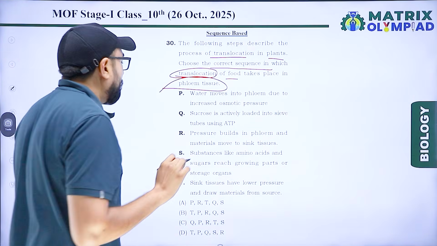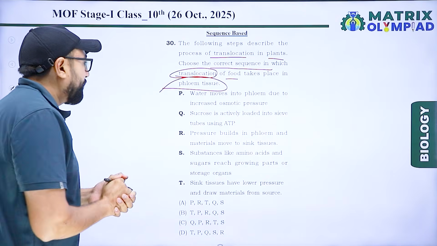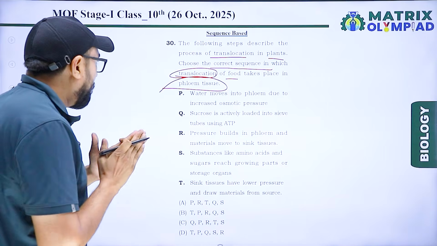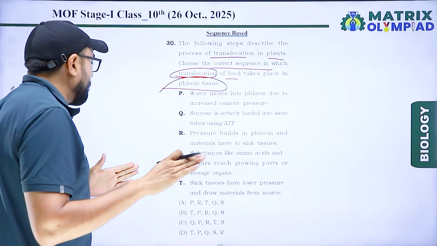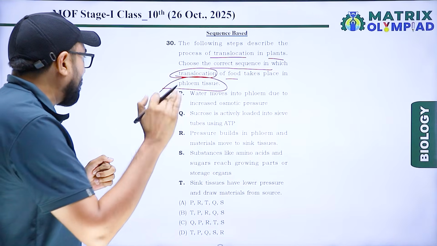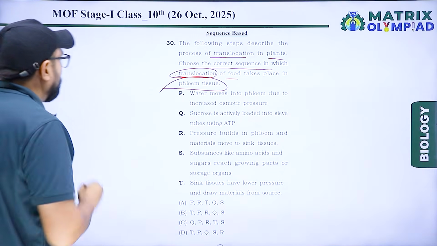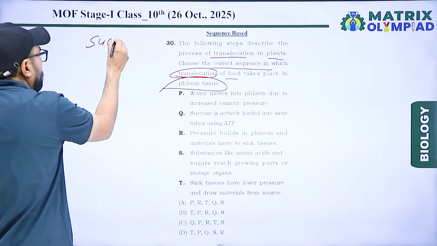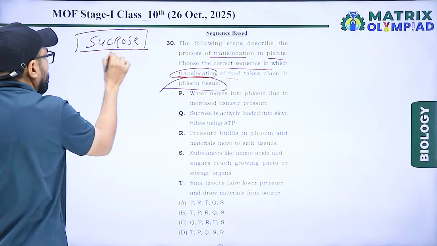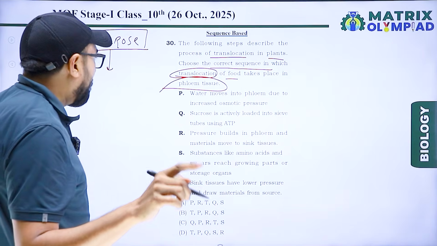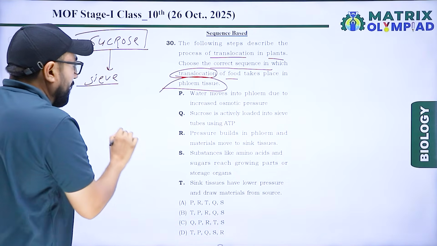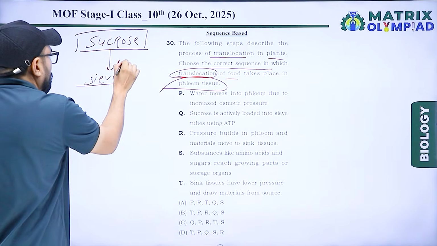In the phloem tissue, first of all, sucrose is formed after photosynthesis, and sucrose is actively loaded into the sieve tube using ATP.